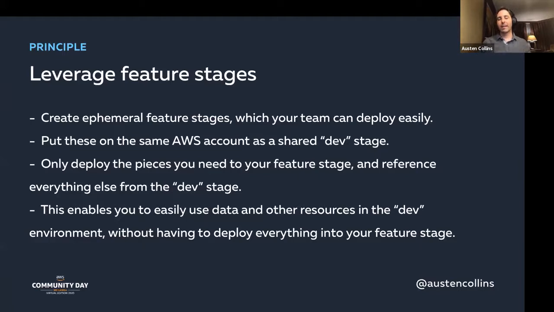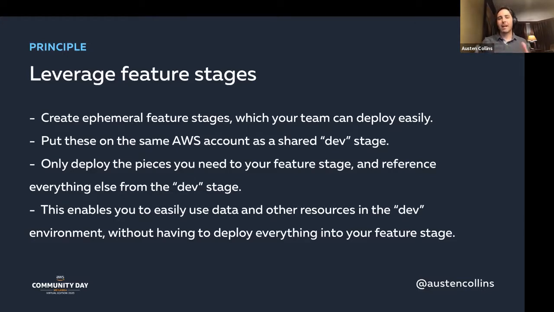And the reason for this is because it's really easy now to spin up a piece of our architecture that references the rest of the architecture in a dev stage. So you could spin up a piece of what I've shown off here in a feature stage and reference a database, for example, in the dev stage.